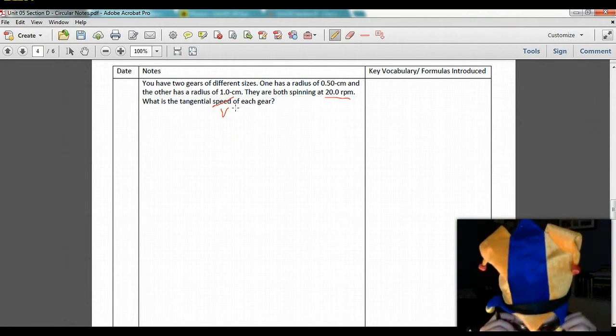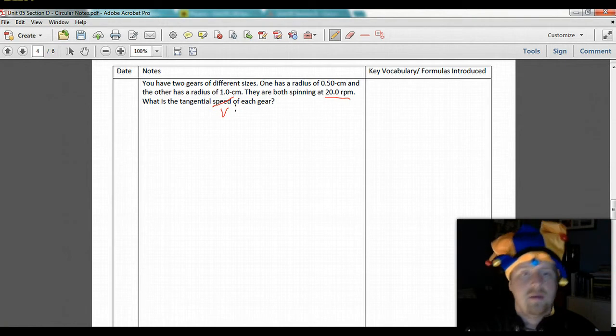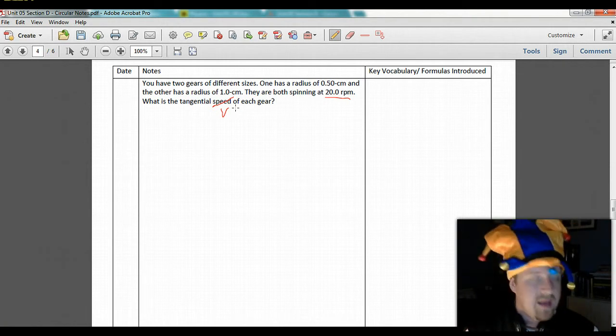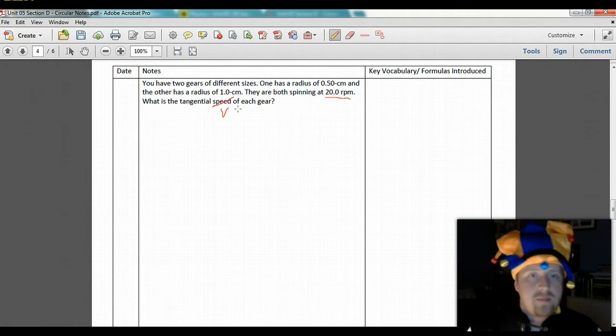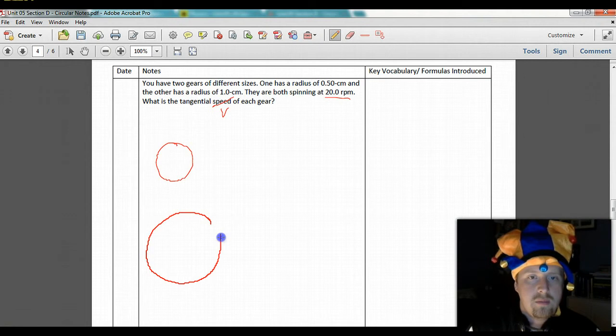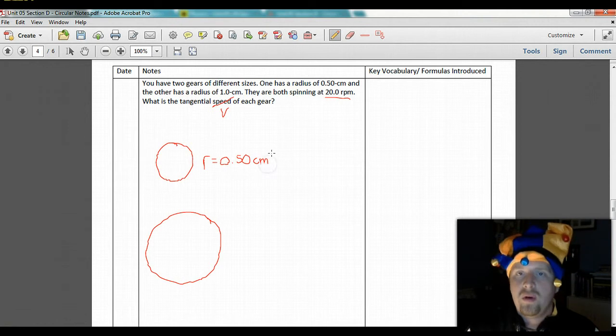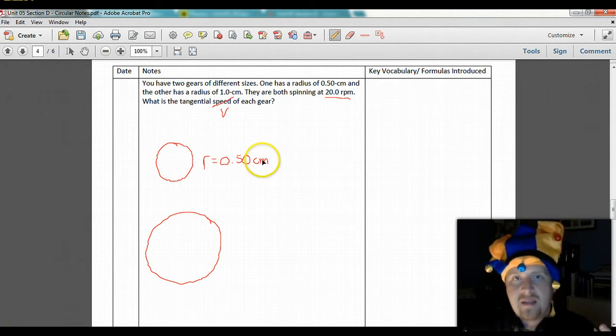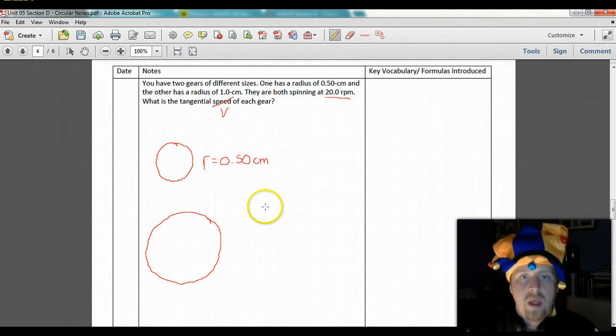Okay, so in looking at this, we're definitely going to want to draw a diagram. So I'm going to draw one circle, and I'm going to draw a larger circle. And I'm going to say that this one has a radius of 0.50 centimeters. Now, it's important to remember that in these kinds of problems, we have to use meters, kilograms, seconds.